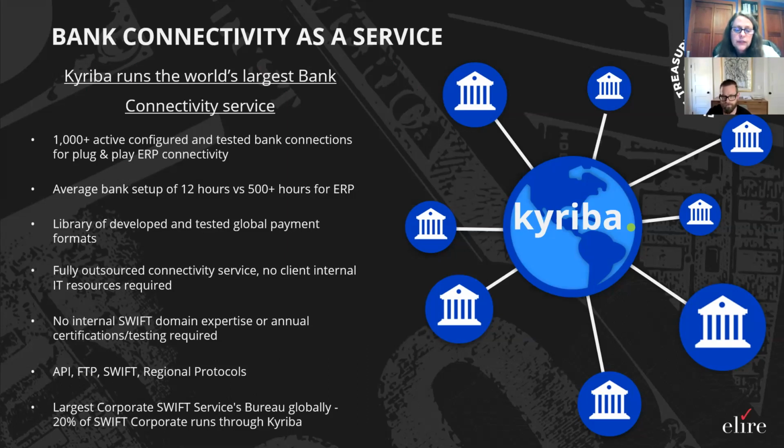So countries like France, Germany, Italy, Spain, Japan, the UK, they offer regional networks to support the connection between their countries' banking partners. So we connect to dozens of those, including Zengen, Anzer, Ebix, Bax, CBI, and Editran. So we have a number of ways to connect on the payment side.